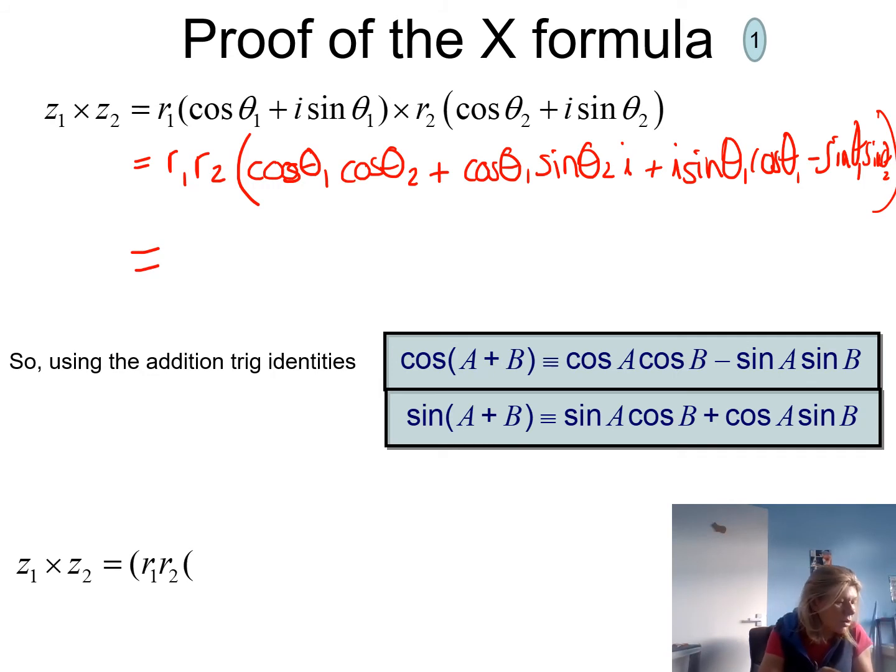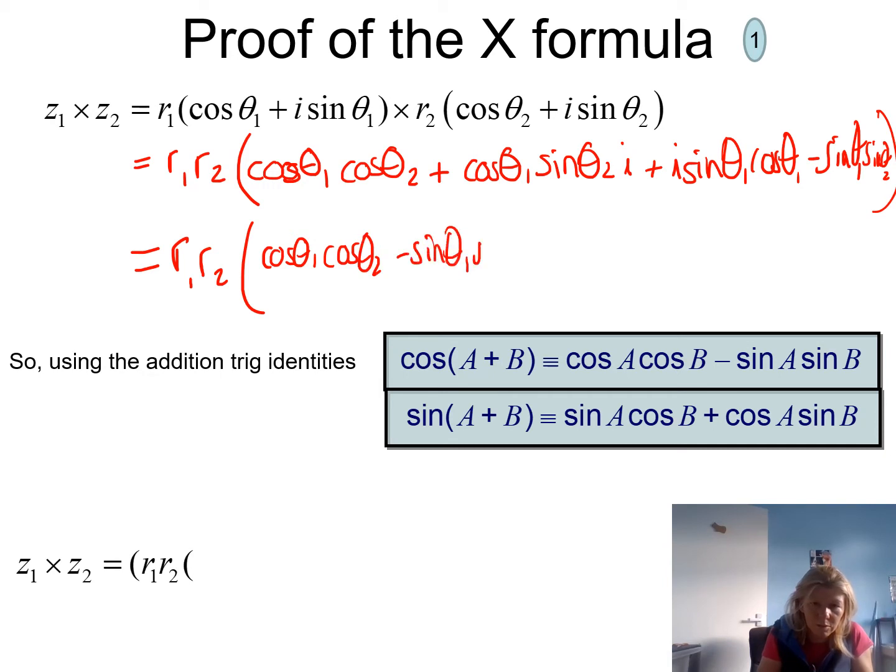So we want to put the real and the imaginary together. So r1 r2, big bracket: the real is cos theta 1 cos theta 2 take sine theta 1 sine theta 2, and then plus i, and open another bracket, cos theta 1 sine theta 2 plus sine theta 1 cos theta 2.